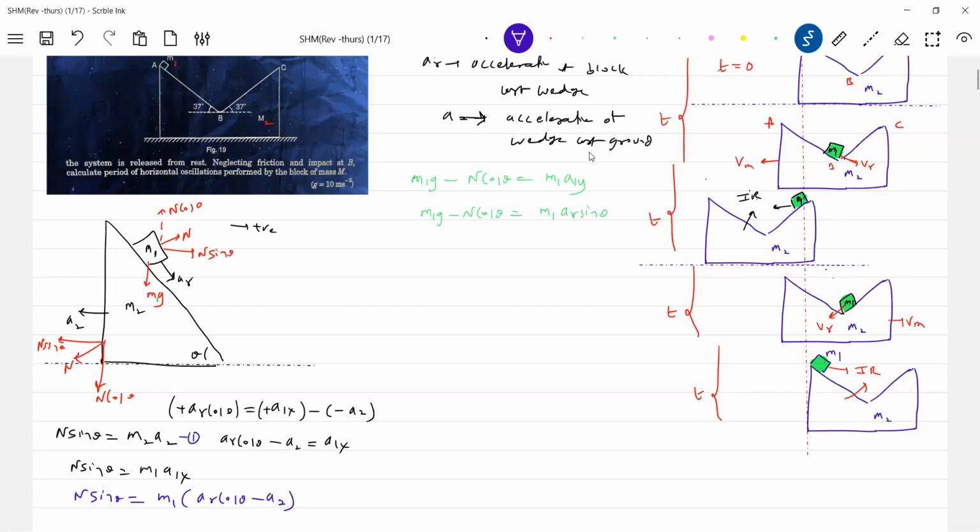Let me call these equations 1, 2, and 3. How many unknowns are there? We have unknowns AR, N, and A2. Equating these two equations, we'll get the relation between A2 and A1x also, though of course A1x may not be needed.